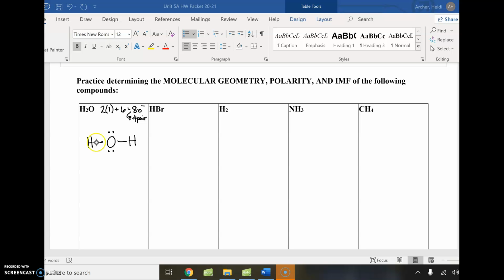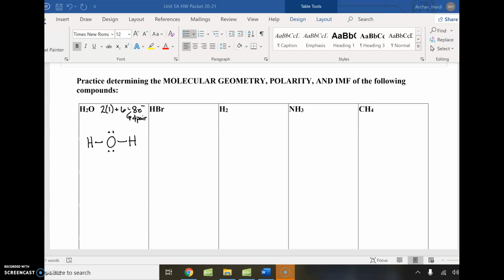Hydrogen only has 1 electron total, much less 1 valence electron, so it's already accounted for right there. And it's already accounted for right there on this side. Hydrogen can have a total of 2, so 1 bond is all it can accept. Oxygen has the 6 valence electrons that it came with, but then sharing, it has 7 and 8. So we've satisfied oxygen's octet.